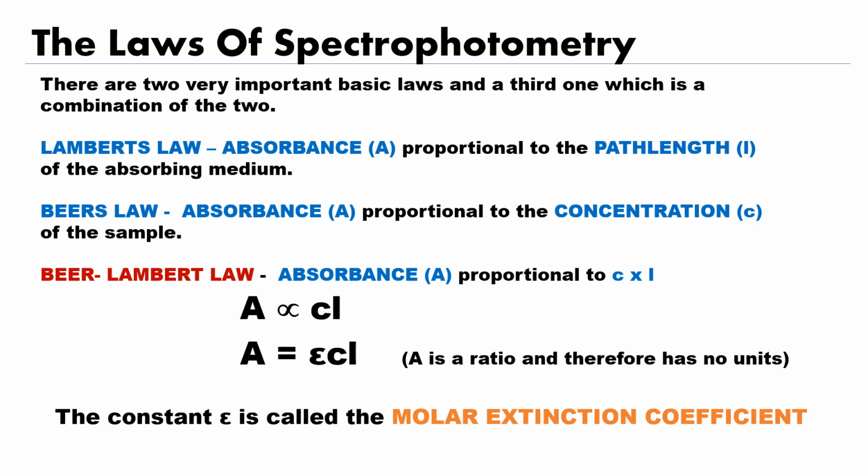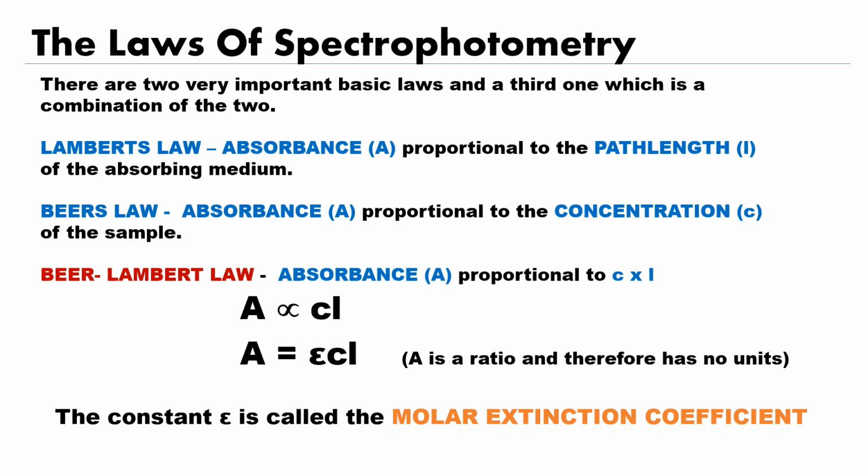Beer's law states that absorbance A is proportional to the concentration of the sample, denoted by C. So Lambert's law tells that absorbance is proportional to the path length of the absorbing medium. Path length is the length of the cuvette in which we place the sample.